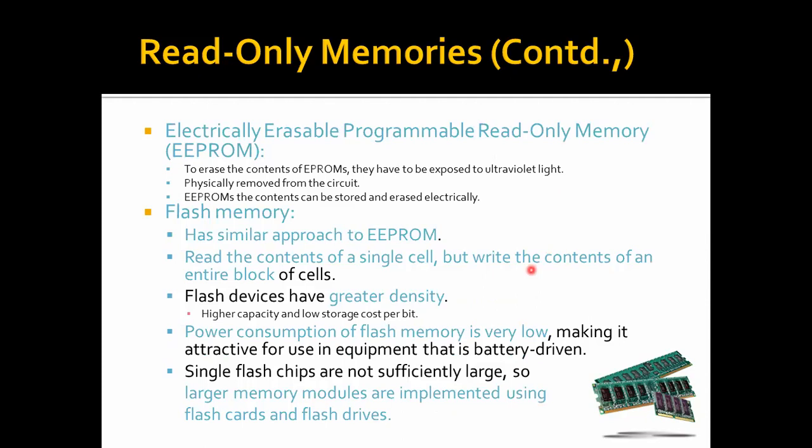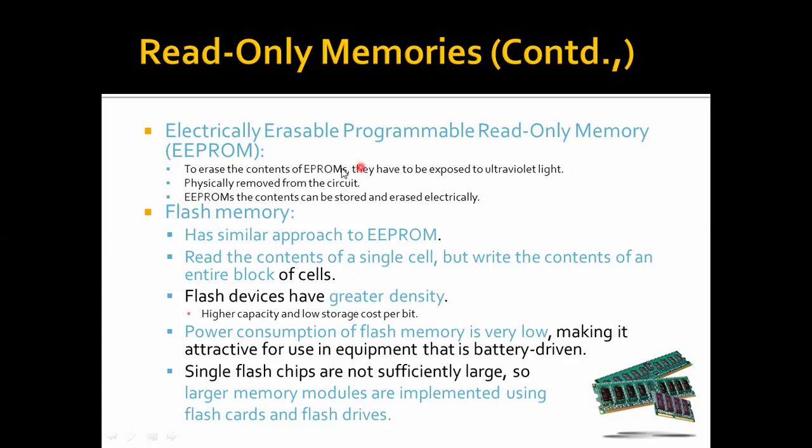The next one is electrically erasable programmable read-only memory, EEPROM. Here, we can also erase the data if we require. What is the difference between EPROM and EEPROM? Both are used to change the modifications in the program. But what is the difference here?